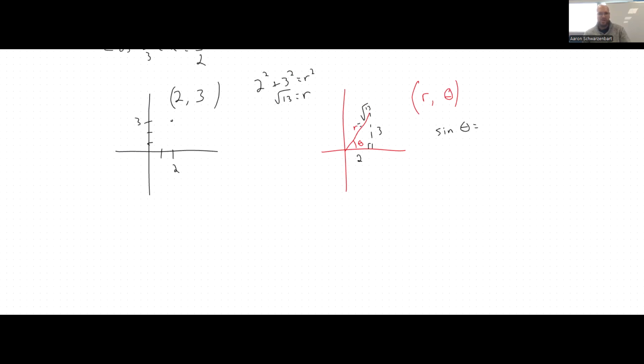So the sine of theta is opposite over hypotenuse. To get my angle, I need to use the inverse sine. I suppose I also could have used the inverse tangent. Either way, I was going to need that.